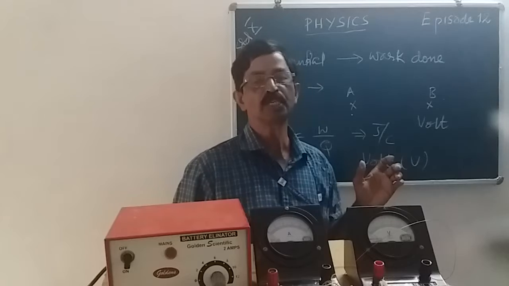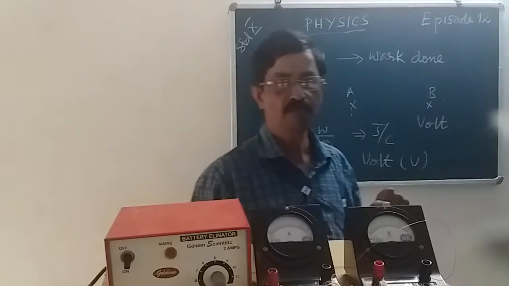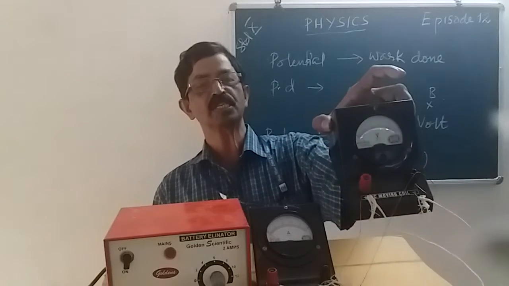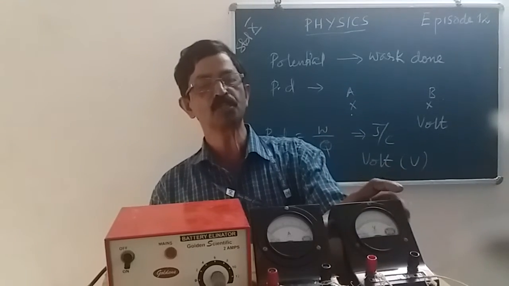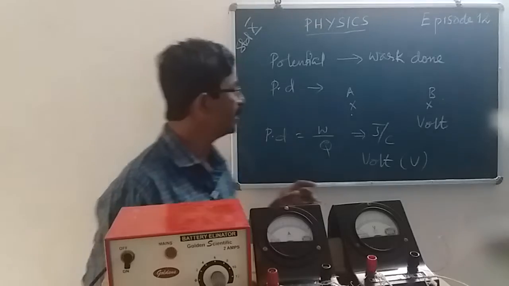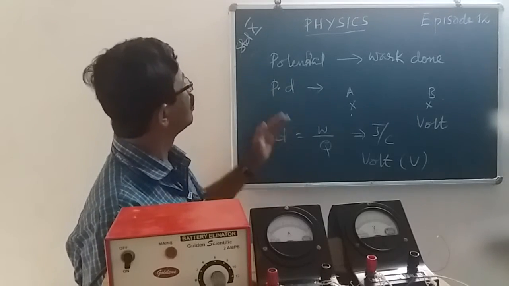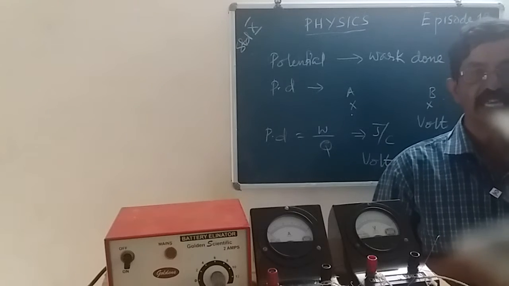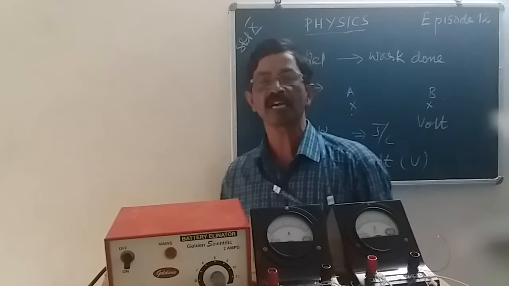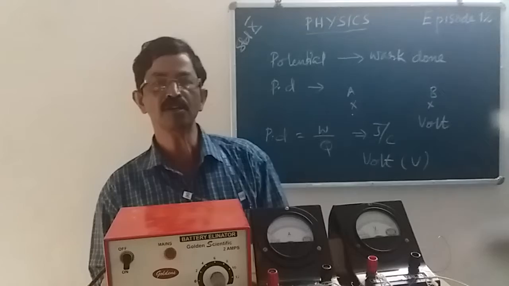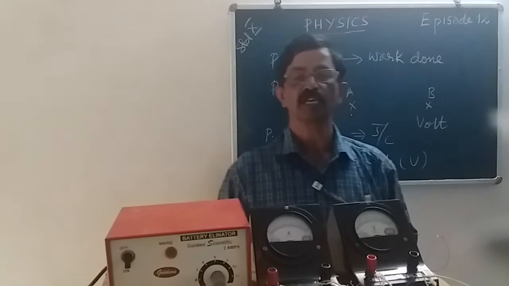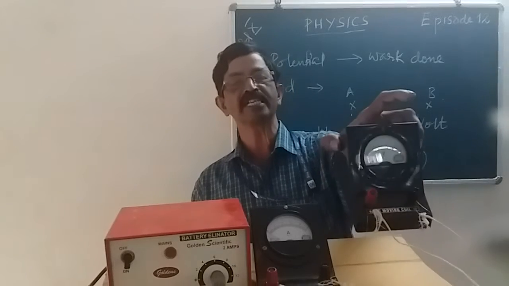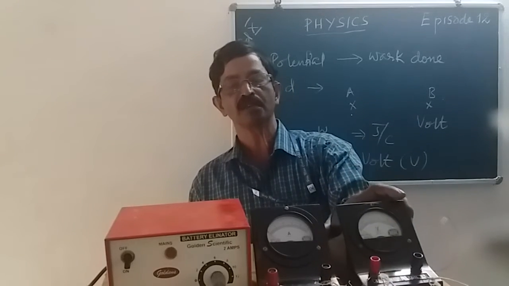The voltmeter is used to measure potential difference. This is the instrument, the voltmeter. Now we use an ammeter to measure current; similarly, for measuring potential difference we use a voltmeter.